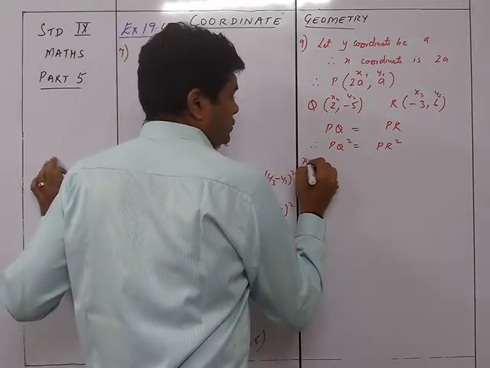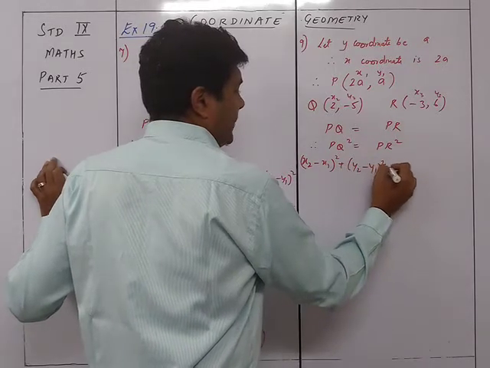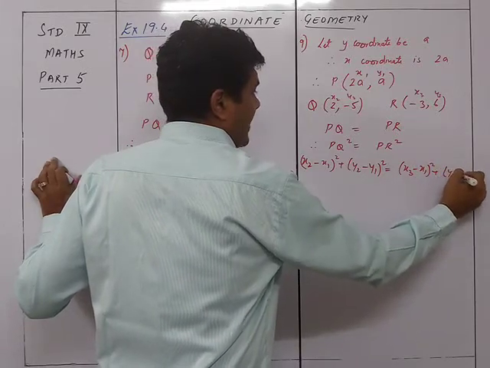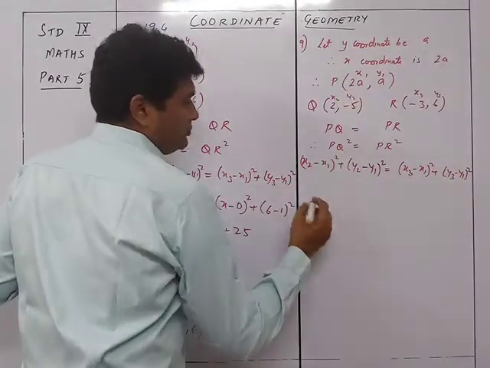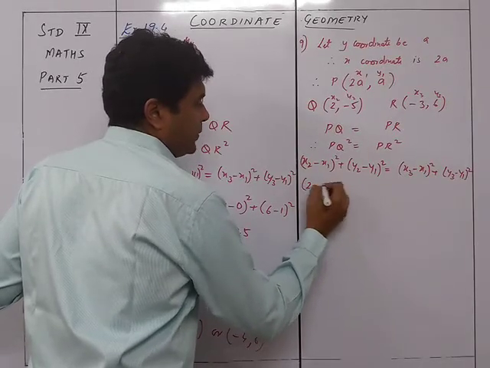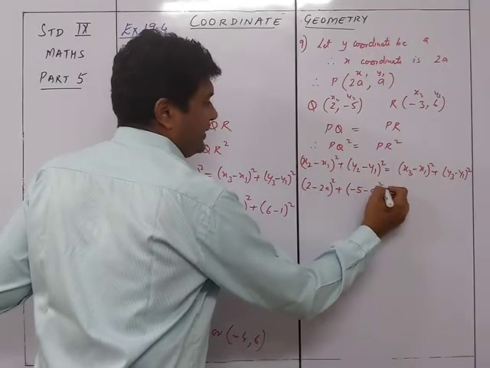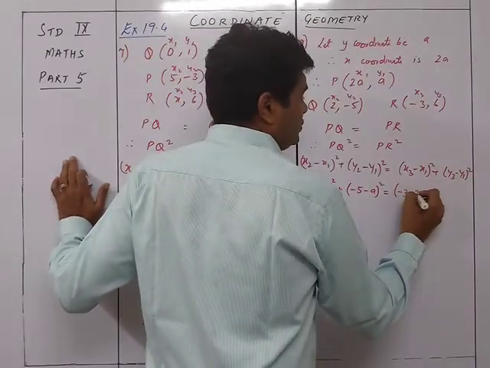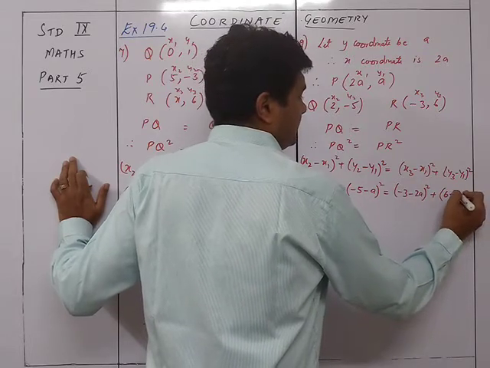Therefore, x2 minus x1 the whole square plus y2 minus y1 the whole square is x3 minus x1 the whole square plus y3 minus y1 the whole square. That will be 2 minus 2a the whole square plus -5 minus a the whole square is equal to -3 minus 2a the whole square plus 6 minus a the whole square.